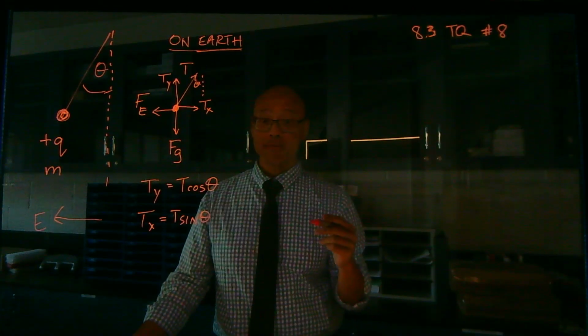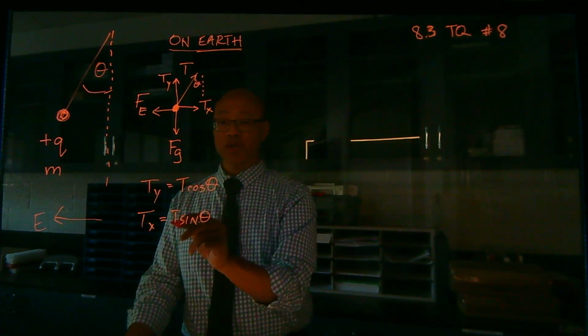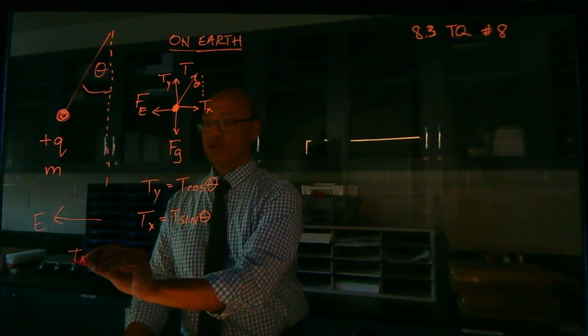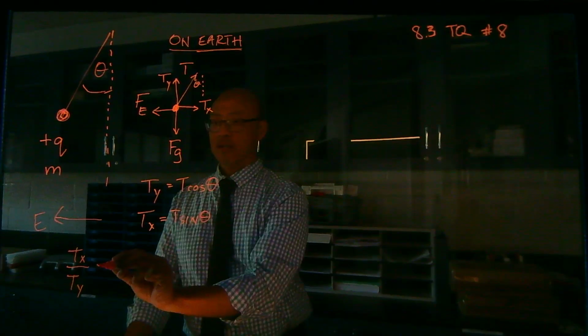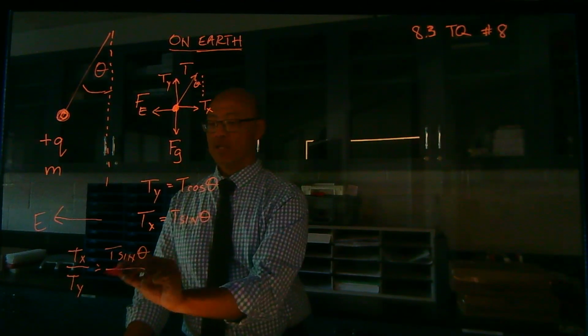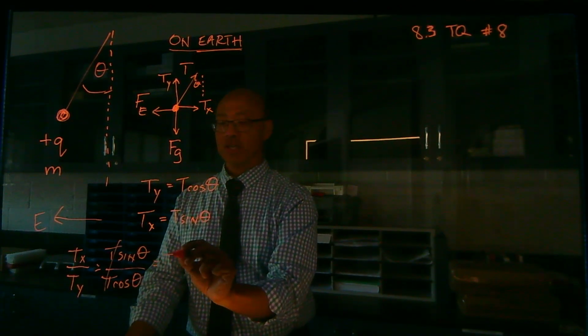So the first gotcha here, or mechanics recall, is when you've got cosine and sine, the trig alarm should go off. If I do Tx over Ty, I get T sine theta over T cosine theta. Those cancel and you get tangent of theta.